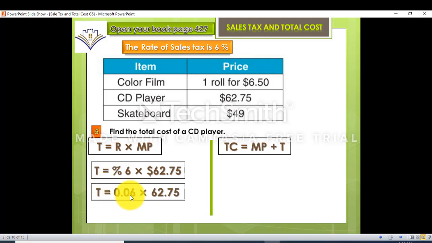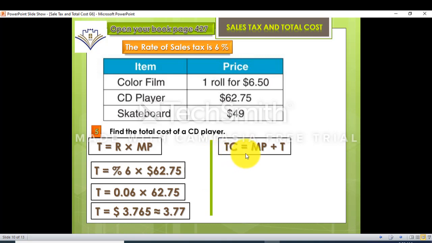Then 0.06 multiplied by 62.75 equals $3.765. But we need to round it to two decimal places. The 5 makes the 6 before it become 7, so it's 3.77.